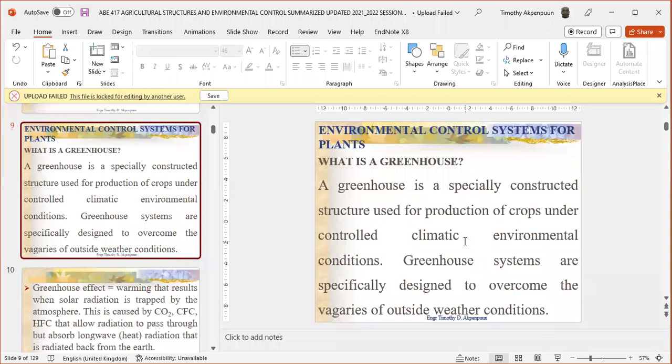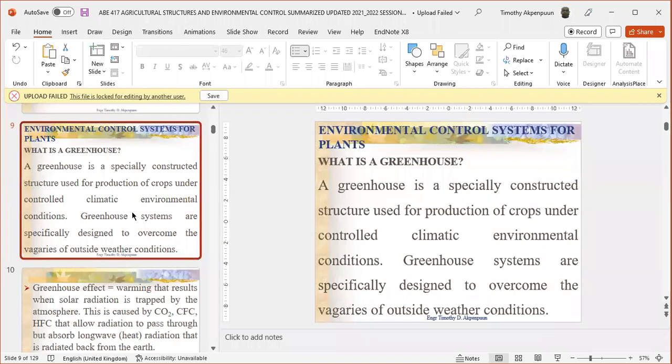Say it again. I said the greenhouse effect is also related to the greenhouse because all these gases and the radiation are also required for the plant in controlled environments.